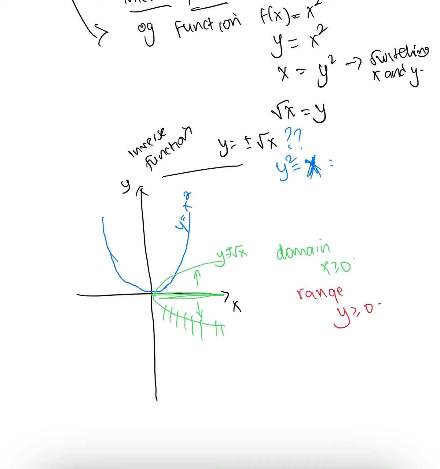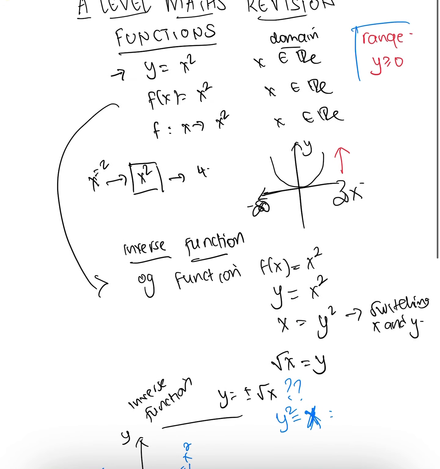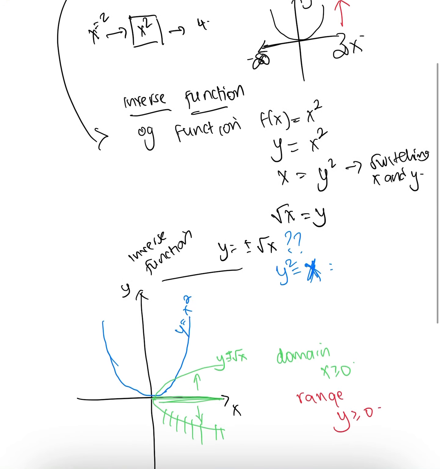But you see what has happened is that initially our range is what now our domain is. And in fact, this is key, because when we did this switch, we were basically swapping x and y.